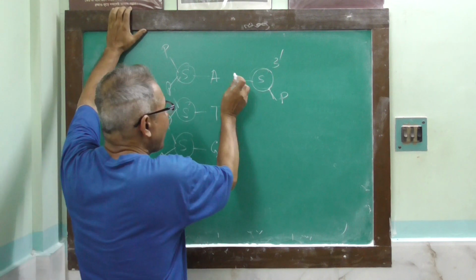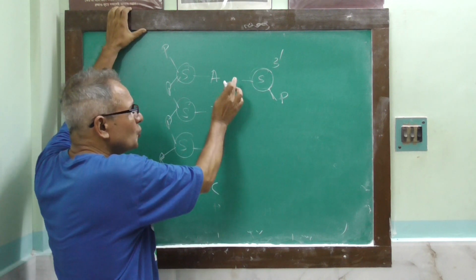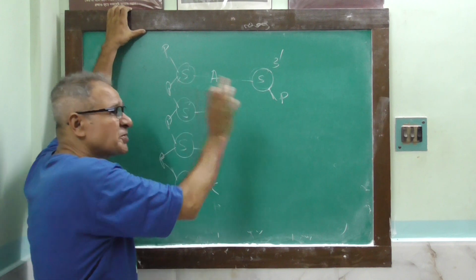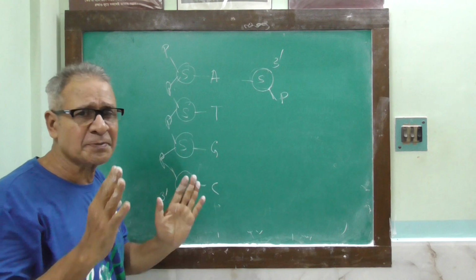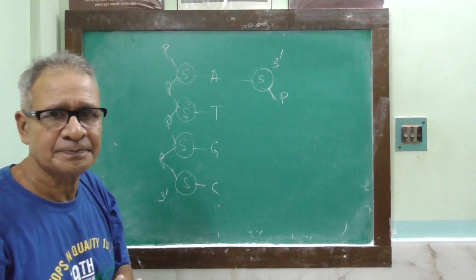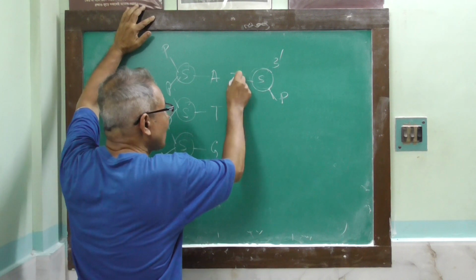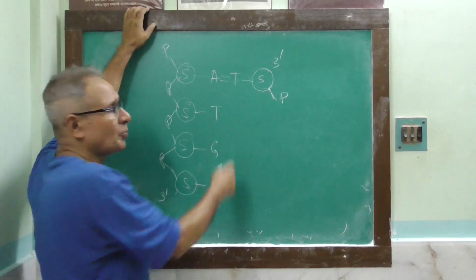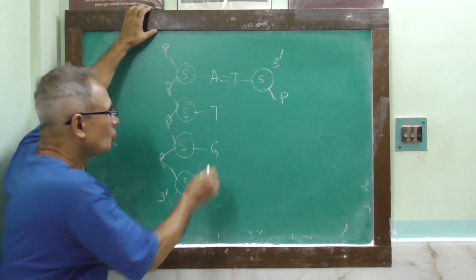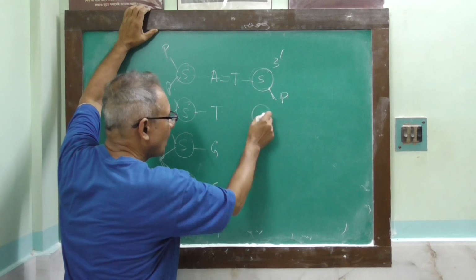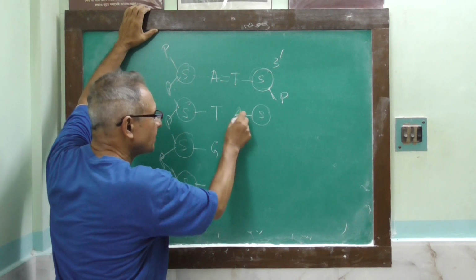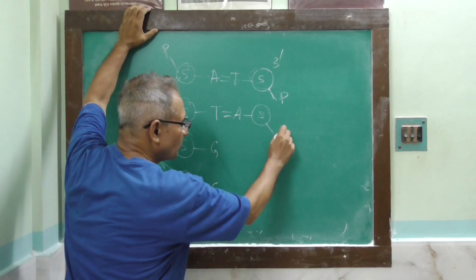Here the nitrogen base which is placed on the opposite strand, this arrangement is always fixed. That is, adenine always binds with thymine by 2 hydrogen bonds. So here the sugar, here must be adenine, phosphoric acid.